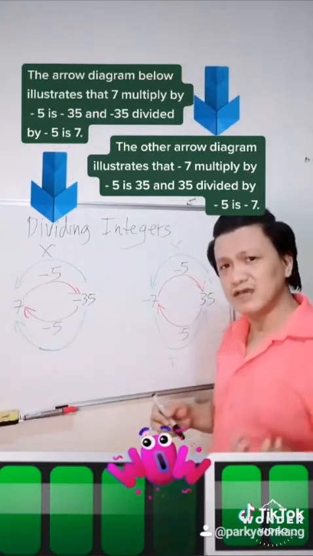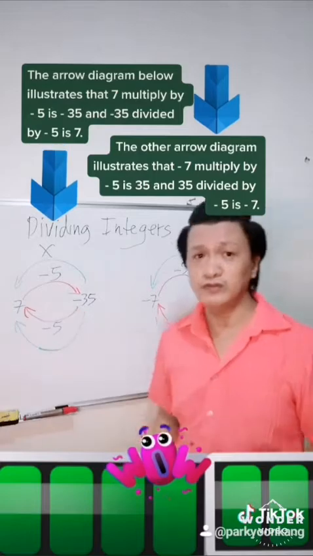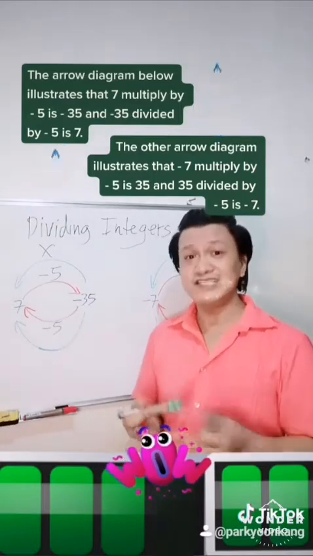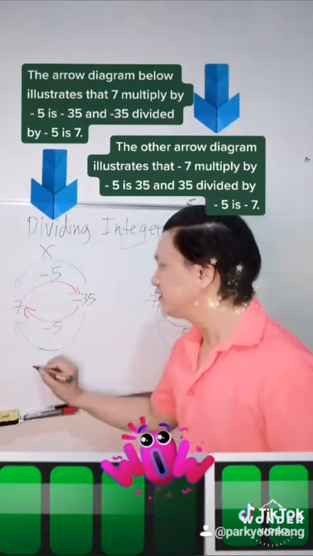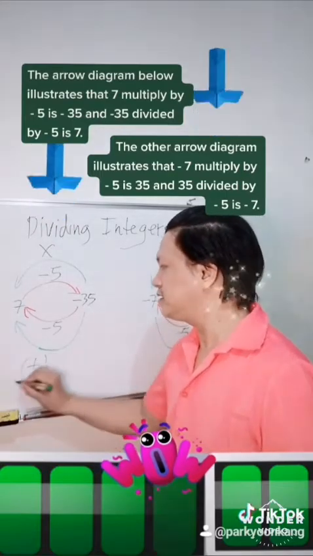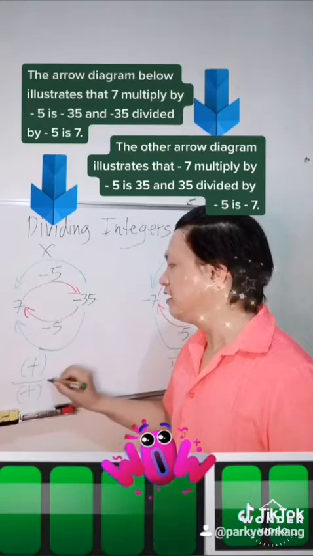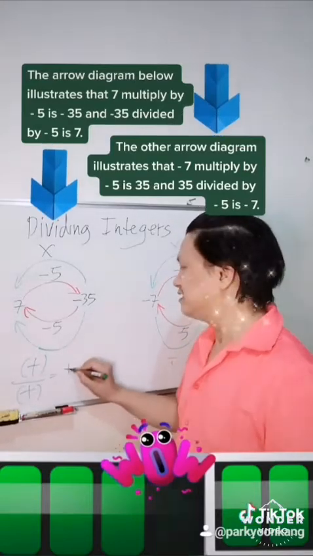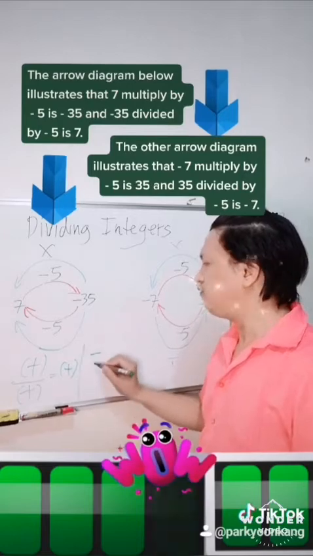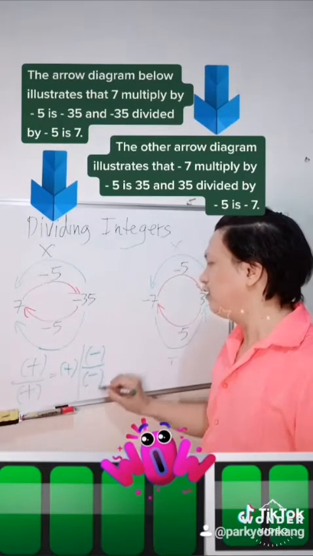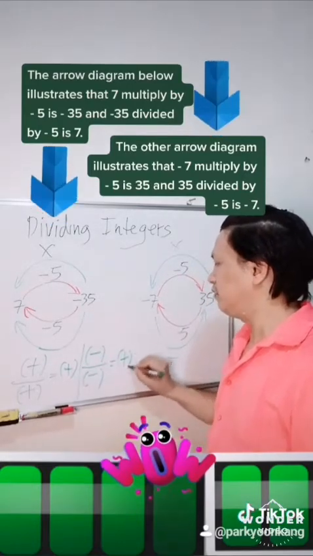Now, can you discuss the rule in getting the quotient of two integers? So, it's the same with the rule in multiplying integers. If you are going to divide positive divided by positive, it is simply positive, or that is the quotient. And if you are going to divide negative by negative, also positive.